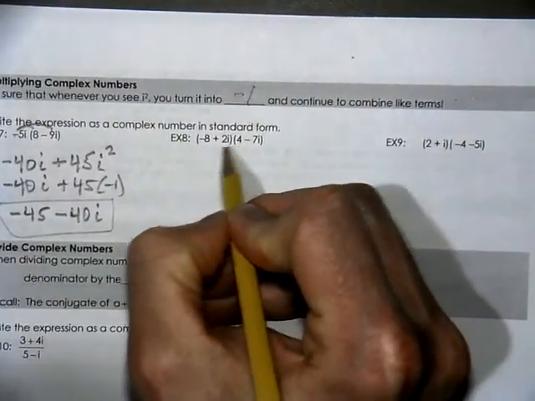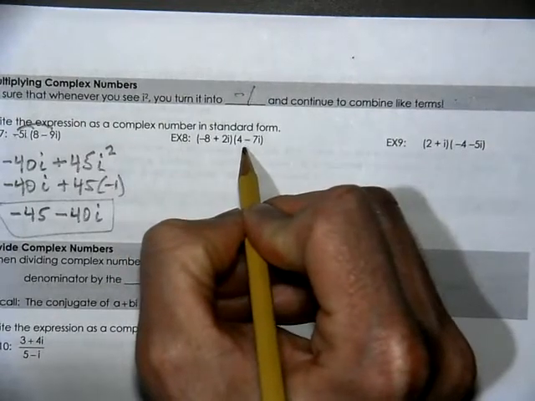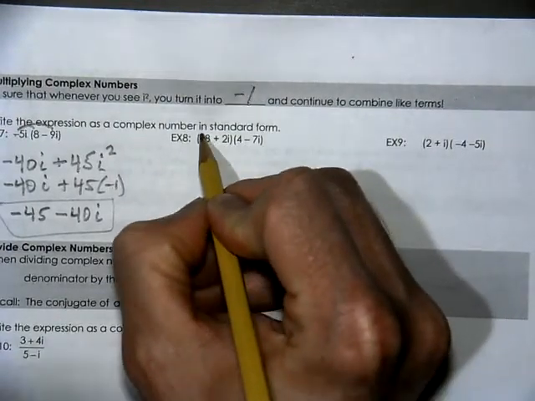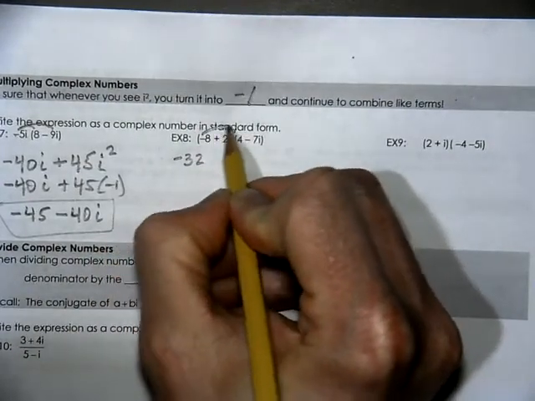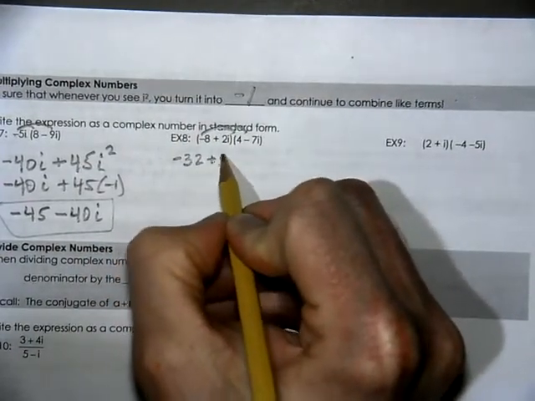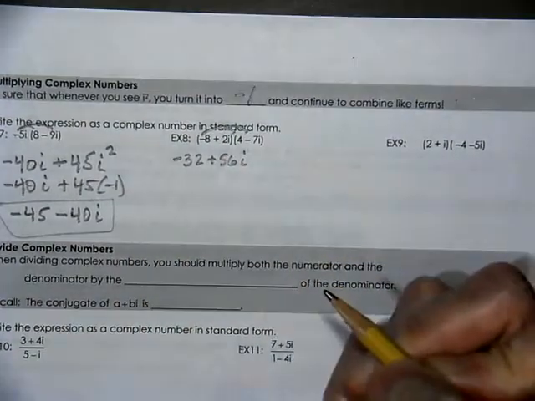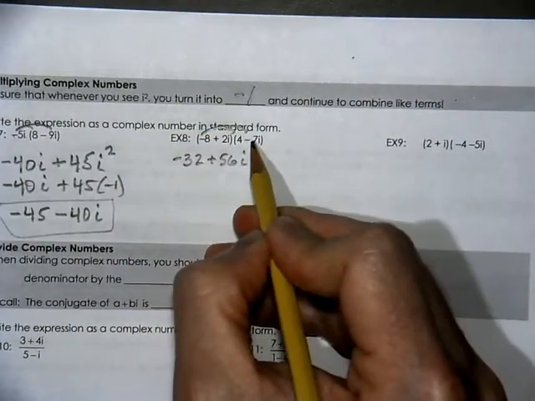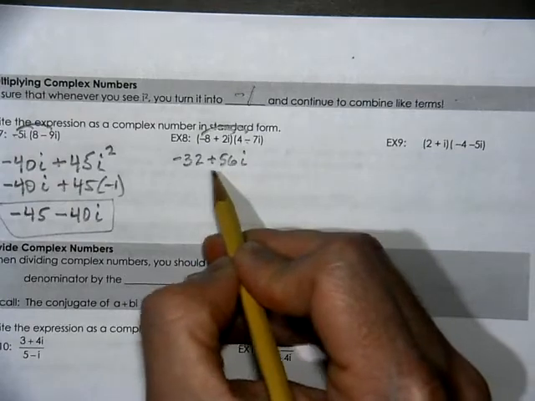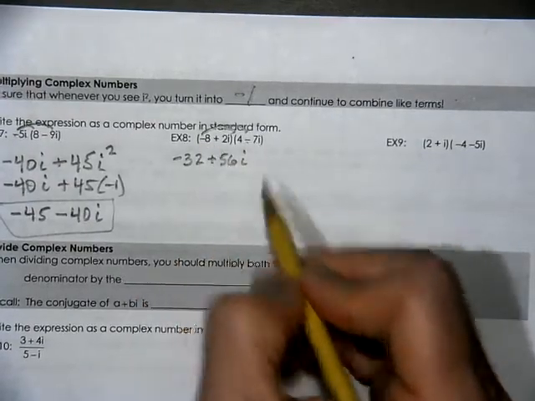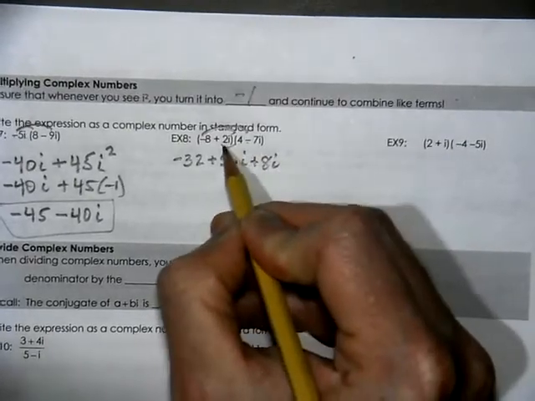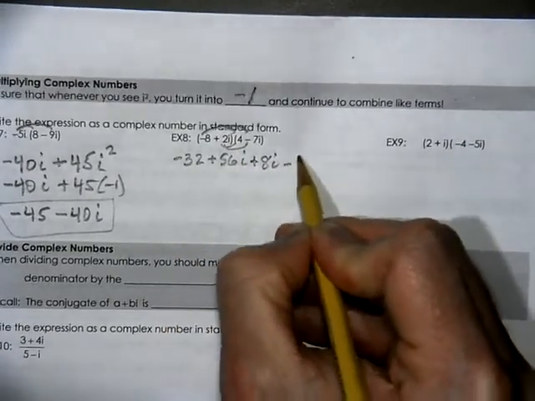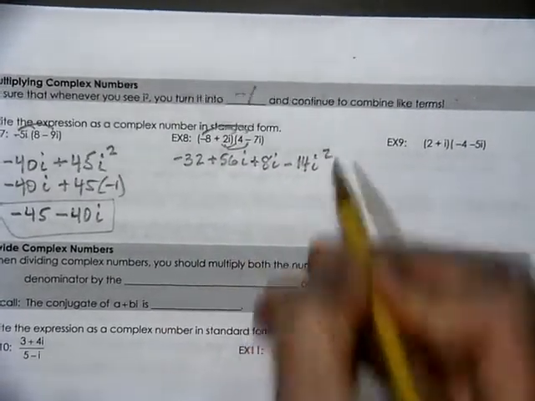Here there's no plus or minus in between the parentheses, so this means multiplication. So negative 8 times a negative 7 is positive 56i. Positive 8i. Negative 14i squared.